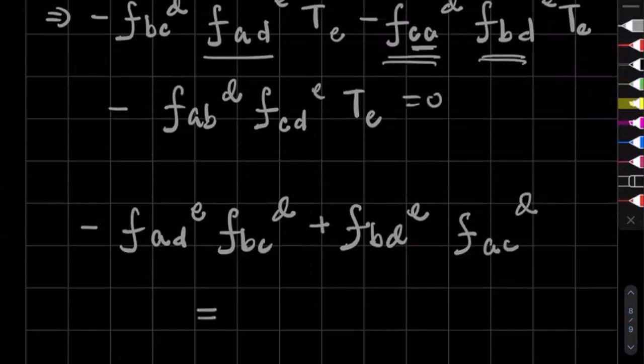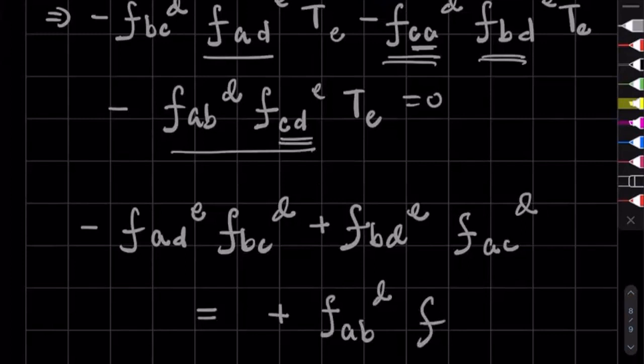And then what I do is that I can take this thing to the other side. So I get a plus f_ABD, and then let me write f_CDE instead as f_DCE. If I do that, then I have to change the sign to a minus sign.